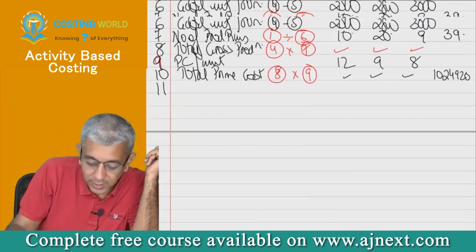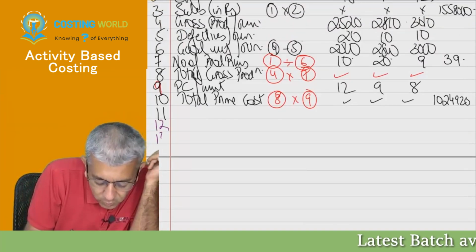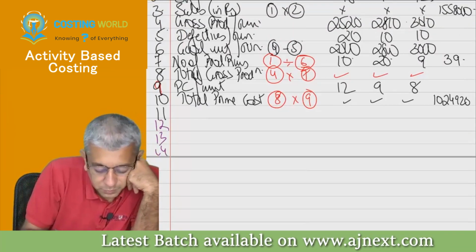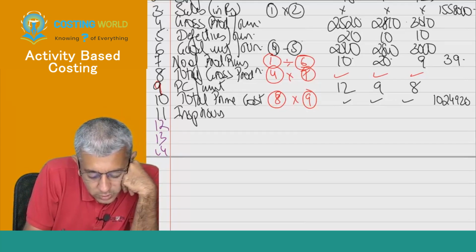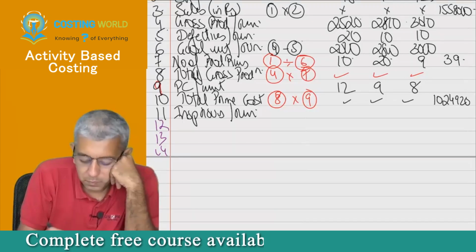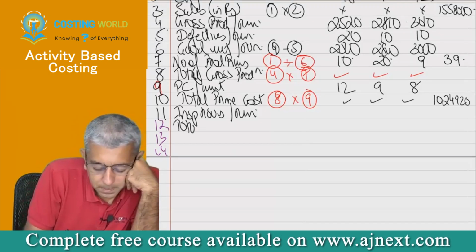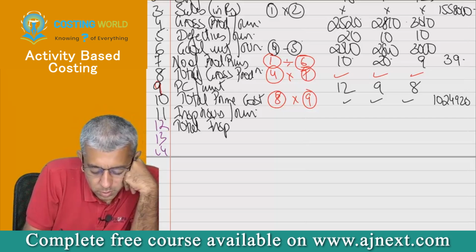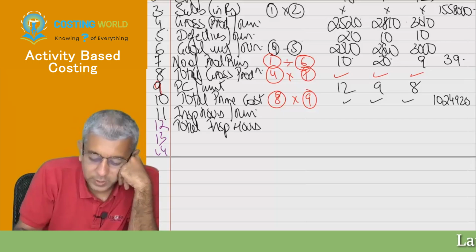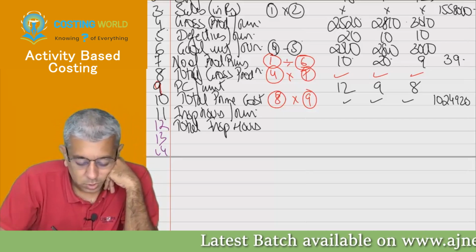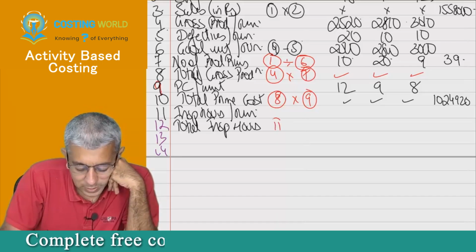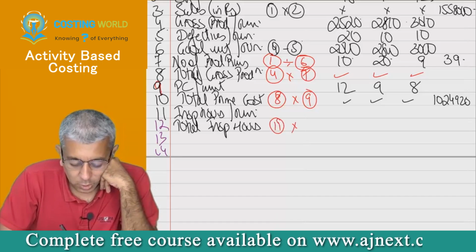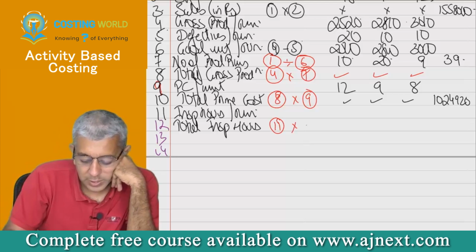Okay. So you all write down now 11, 12, 13, 14. Write down inspection hours per run. Total inspection hours. Total inspection hours will be hours per run, that is in 11, into number of runs, that is in 7.